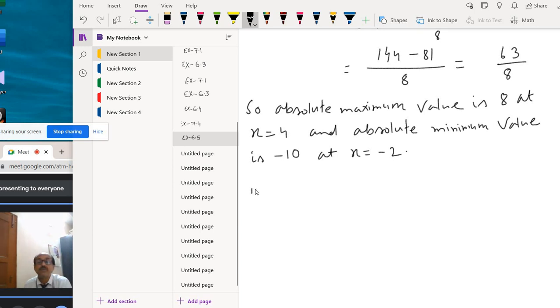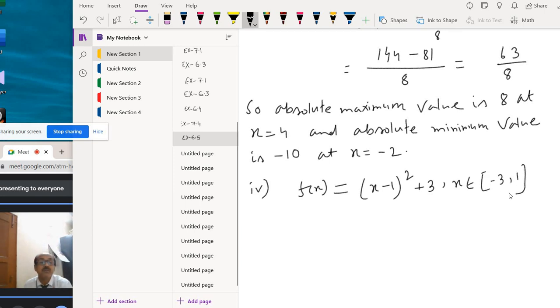Number 4. f(x) equal to (x minus 1) whole square plus 3, x belongs to [-3, 1]. Okay.